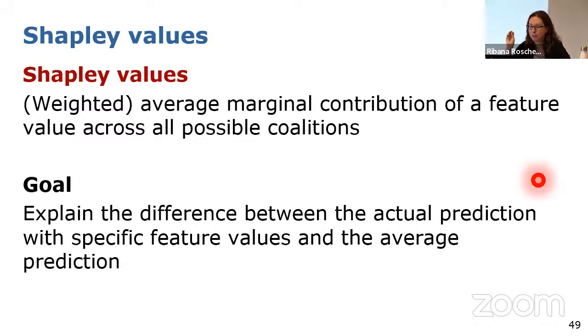I will explain both of them in the next slides in more detail. But to mention the goal: the goal of Shapley values is to explain the difference between the actual prediction with specific feature values and the average prediction. That means to answer the question why a specific prediction was reached in comparison to the average prediction.